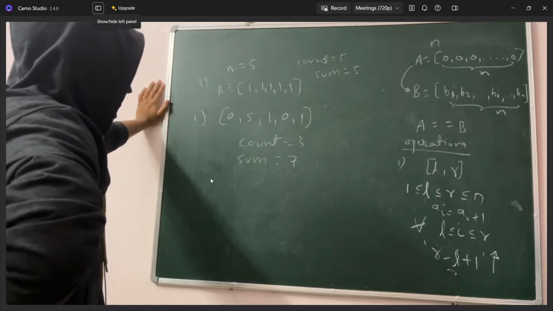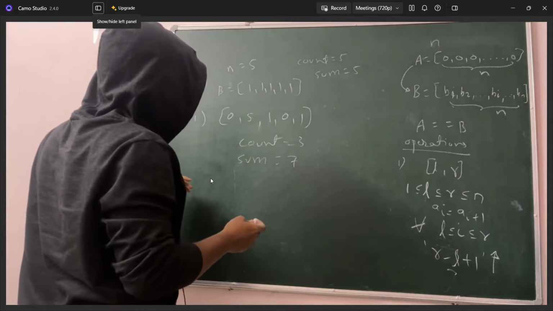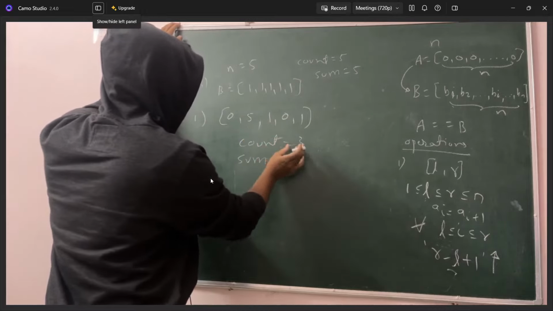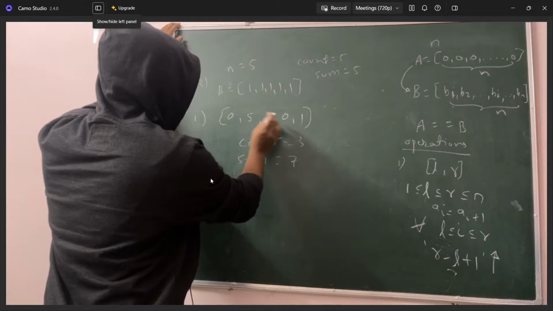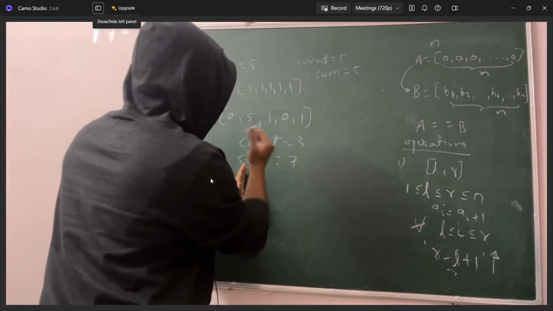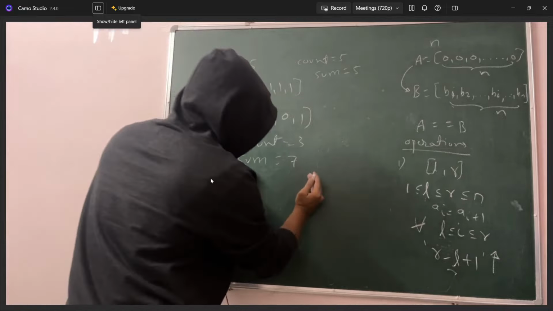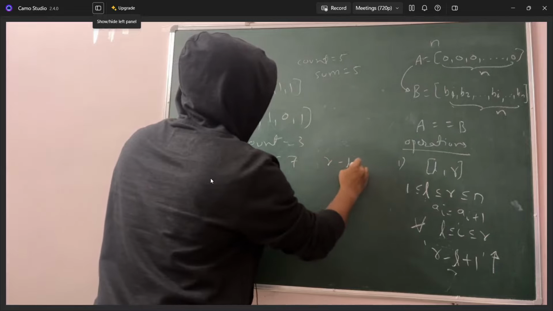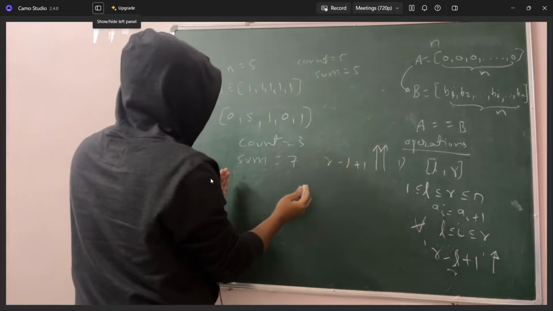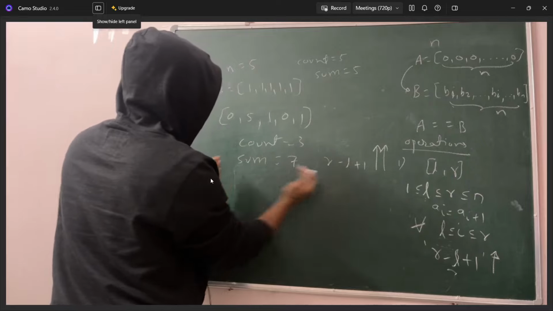So my idea, which came into the picture in the contest, is that I'm trying to take the count of positive numbers, and club that many together, and in the first operation I'll try to increase them by one, as said in the question. Why am I trying to club them? Because I want R minus L plus 1 to be the maximum. When I want this to be maximum, I want to take as big a subarray as possible.